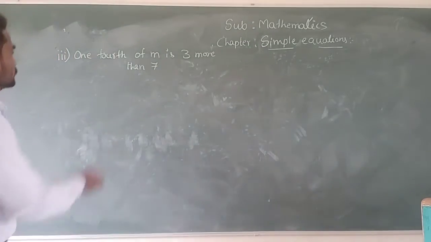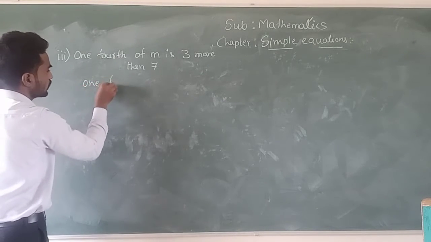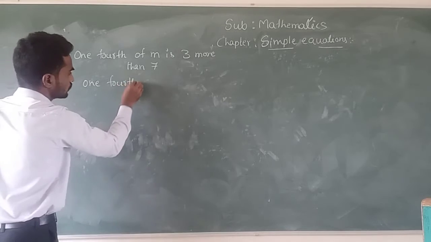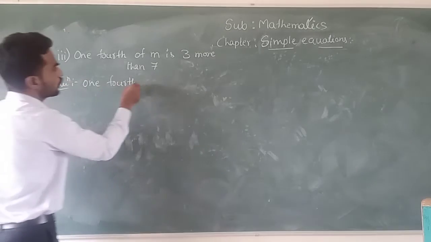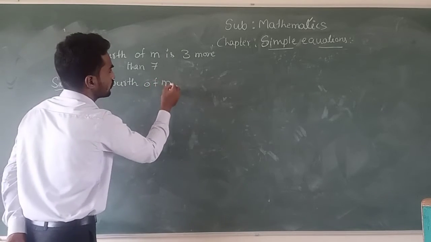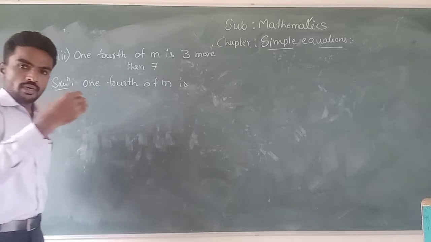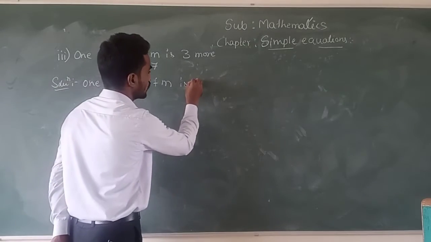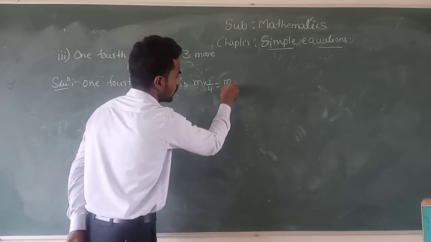Then 1/4 of m is m into 1/4, that is m by 4.